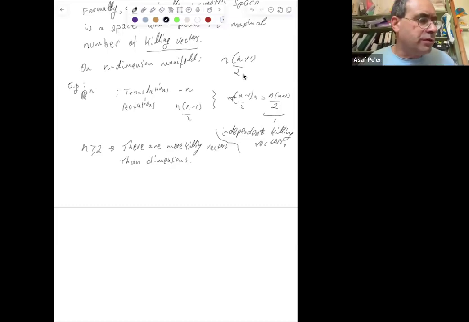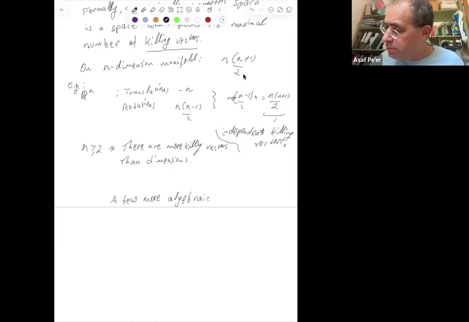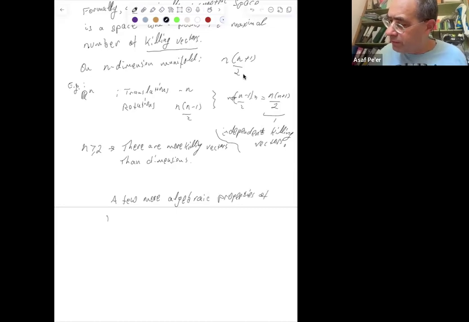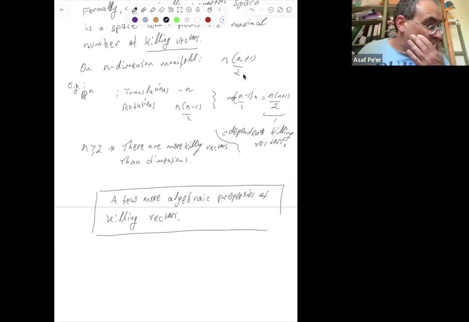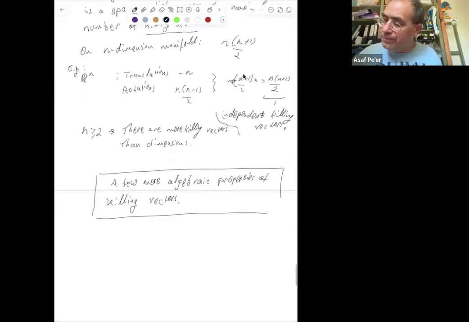We're going to go through a few more algebraic properties of Killing vectors that we have not discussed so far. So let's go over it.